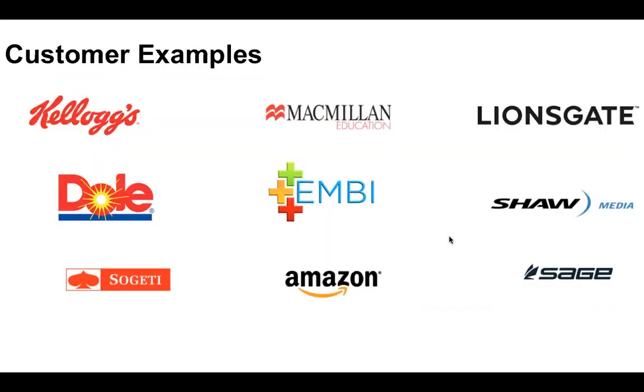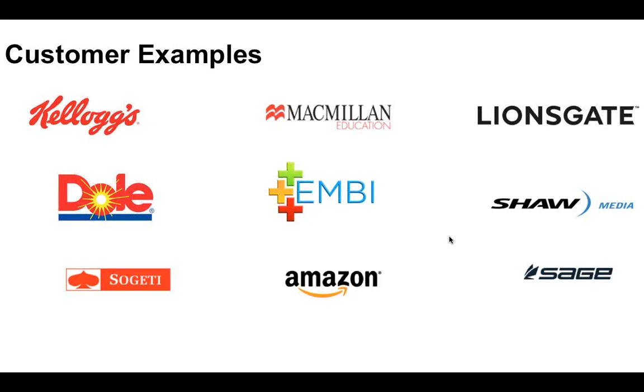But I'll just take a moment to talk about some examples of customers that are running enterprise apps. We have a lot of examples of customers running a whole lot of different applications, internet apps and media. But I've taken a list of customers who are running purely enterprise applications, and most of them in the SAP, Oracle, and Microsoft space. So Kellogg's, you see, they run SAP HANA on AWS.